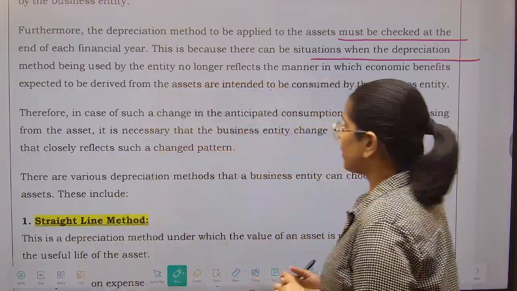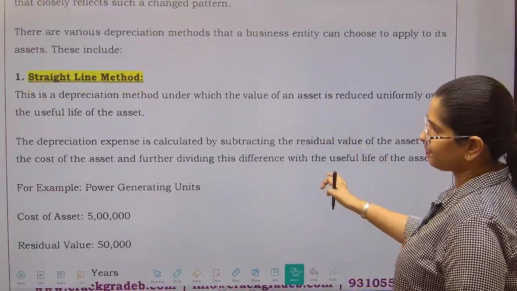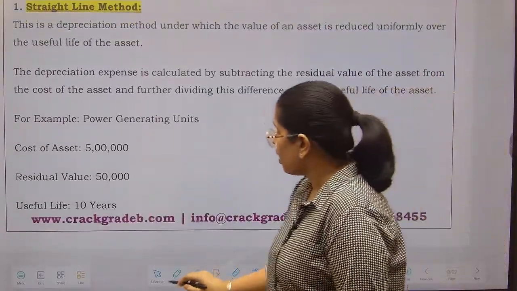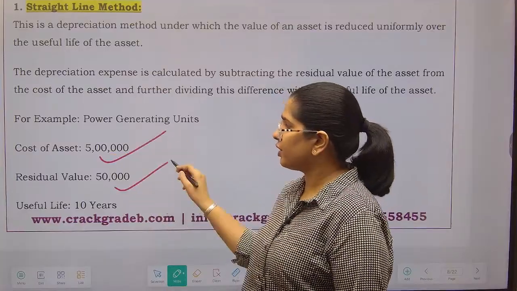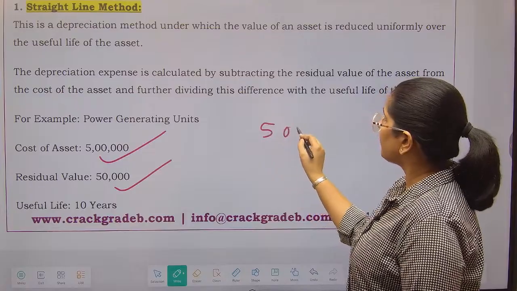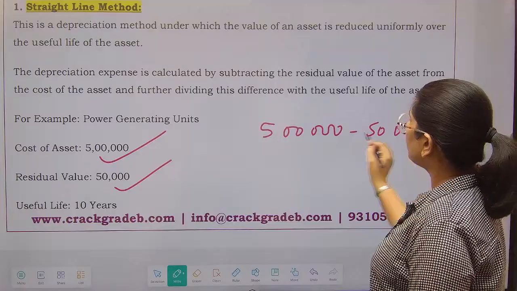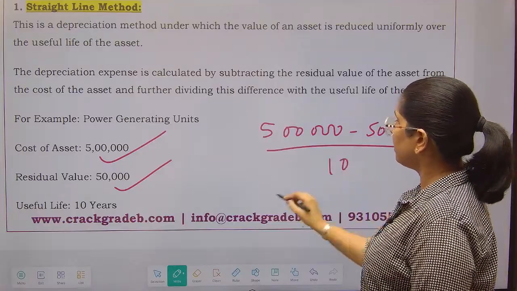Okay, so let's see the straight line method first. Straight line method is very simple. For example, the cost of the asset is 5 lakh, residual value is 50,000, useful life is 10 years. So what will be the amount of depreciation? 5 lakh less residual value, divided by 10.